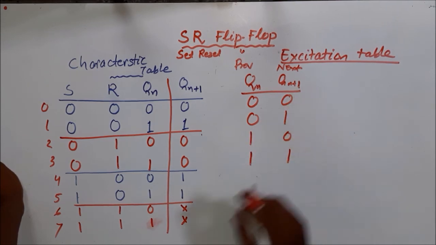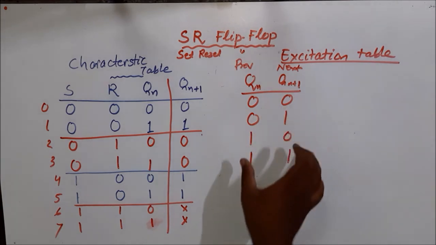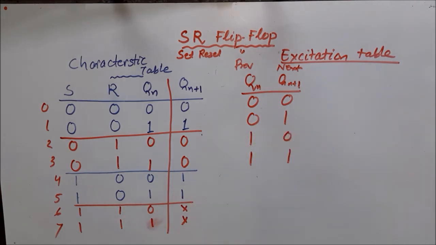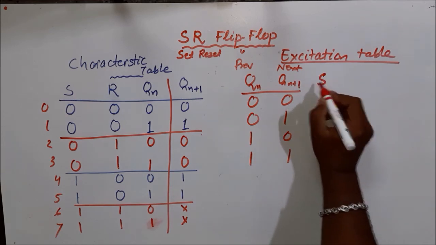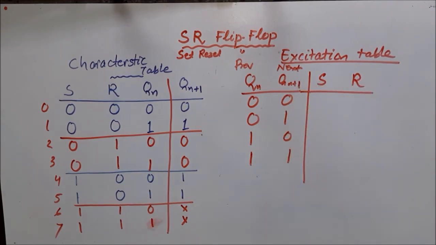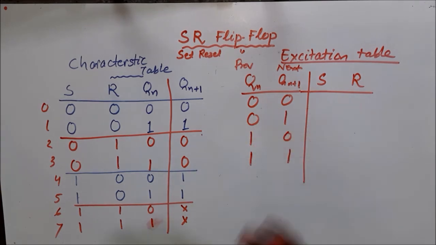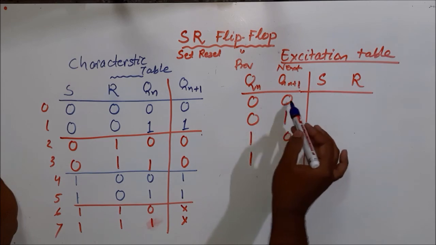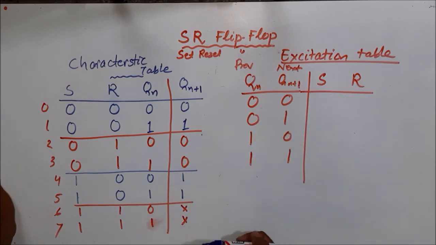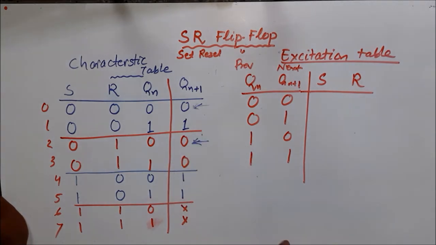That means to get each combination, what should be my S and R values? To get this state change, what should be my input? Qn is 0 and Qn plus 1 is 0. So it comes here and here. These two rows indicate Qn and Qn plus 1 are 0.